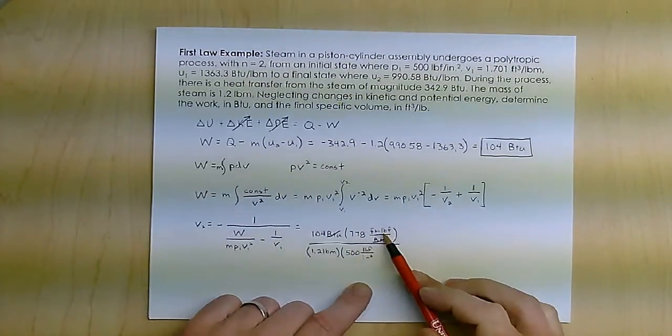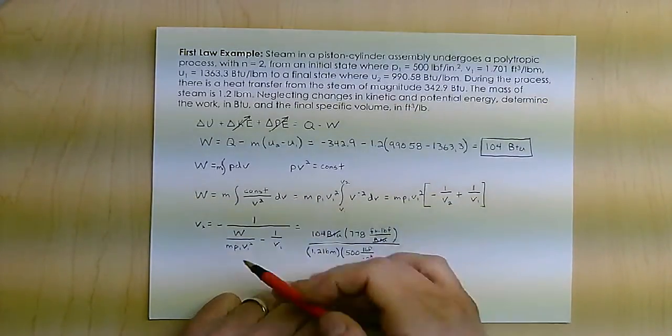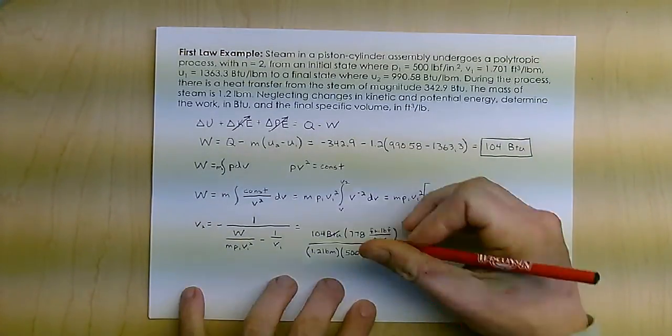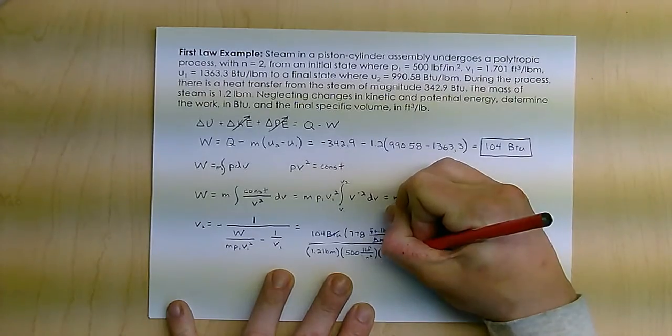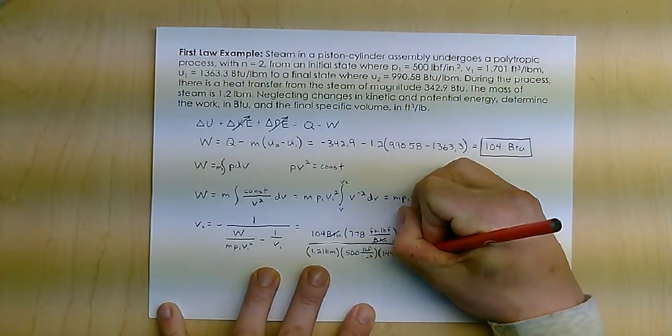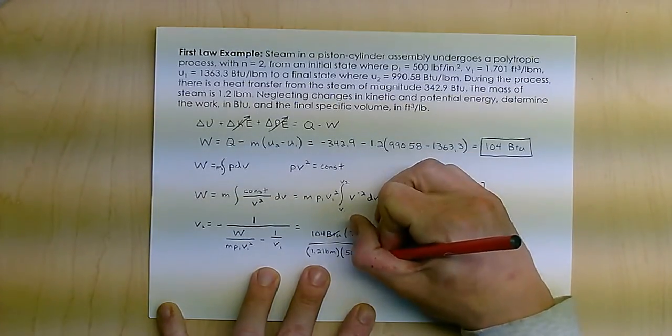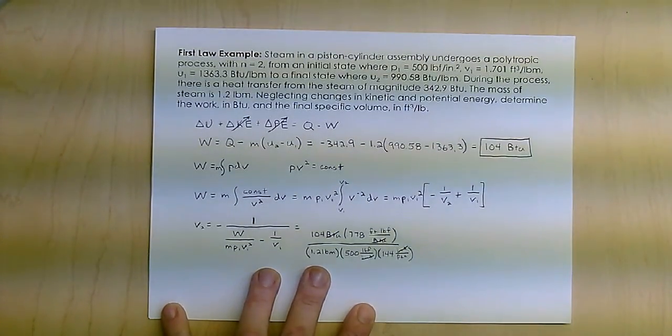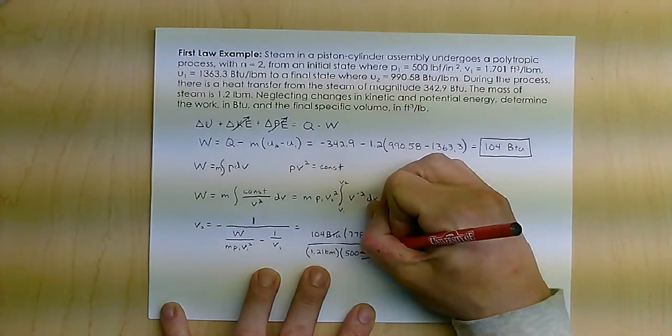Now, I want to get everything ultimately in cubic feet per pound. So I'm going to take this times 144 square inches per square foot. That will get rid of the inches. This pound force cancels with this pound force.